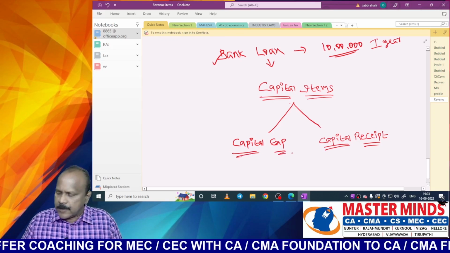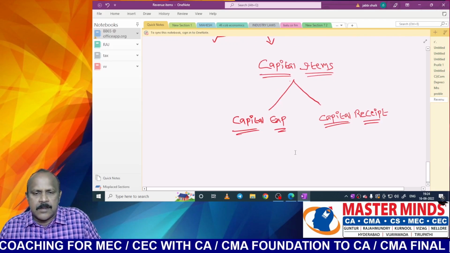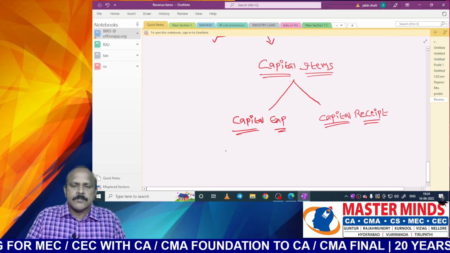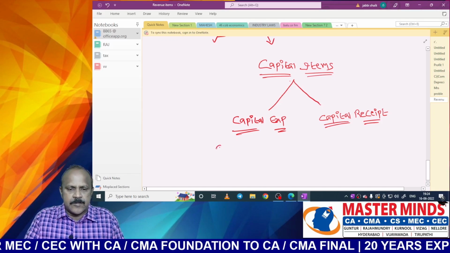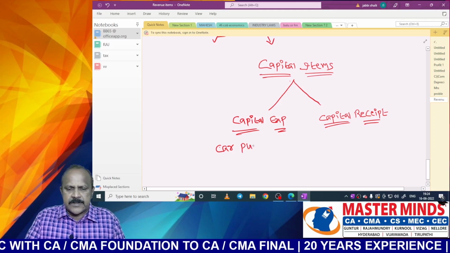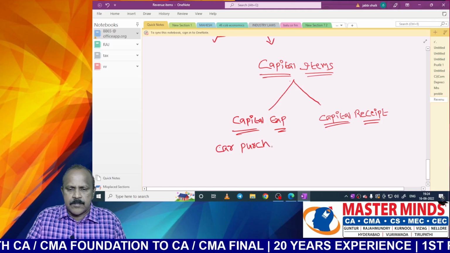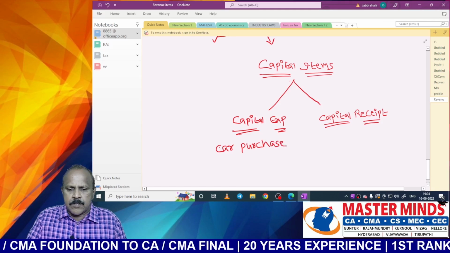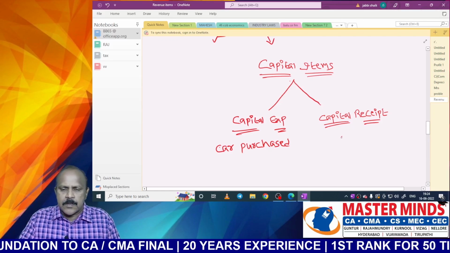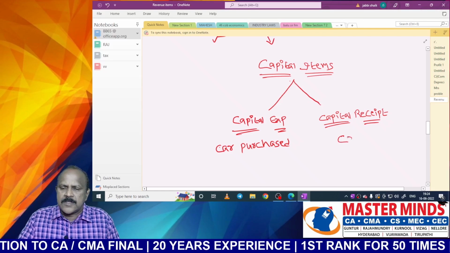Okay, right. I will get it explained. Here it is given like this: car purchased. Here, car sold.